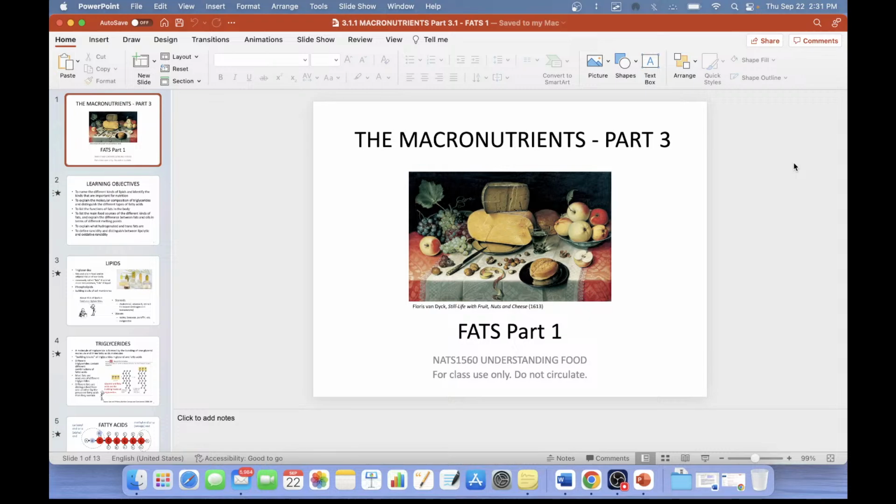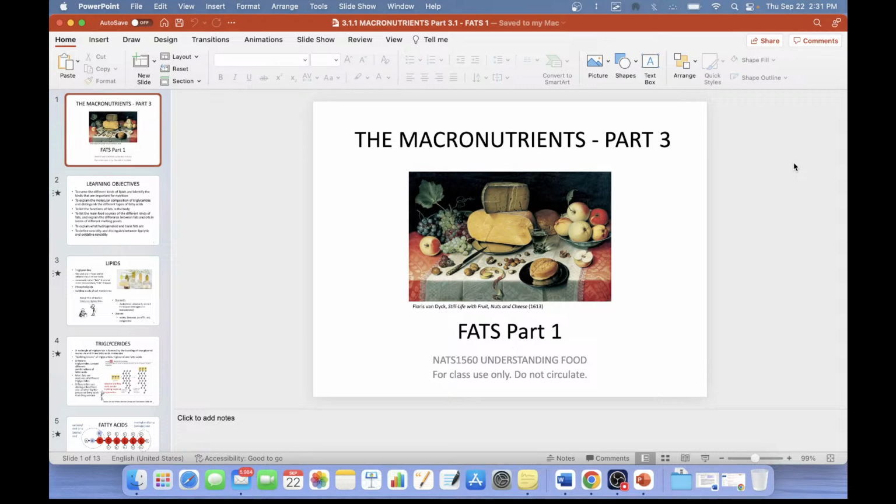Learning objectives for today, for this part that is for fats. We want to name the different kinds of lipids and identify the kinds that are important for nutrition. So we'll see the relation between lipids and fats.